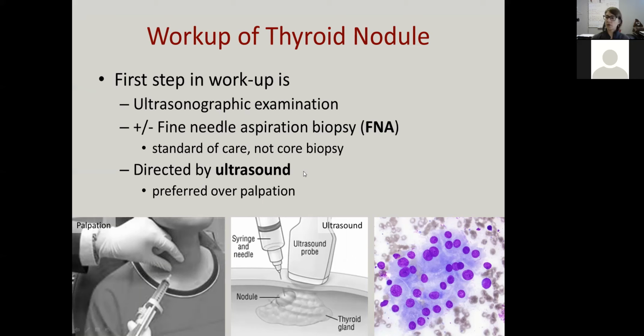Ultrasound is certainly going to target the one of interest, make sure we are in the nodule of interest, and make sure that we have sampled within that nodule. In this institution, most of the ultrasounds are done in radiology with cytopathologists determining the adequacy of the sample, but of course, some of the clinical offices do the aspirations with their own ultrasound without a cytopathologist to determine adequacy.